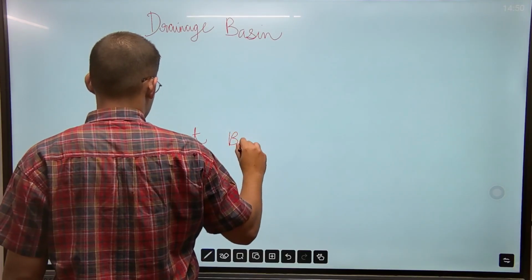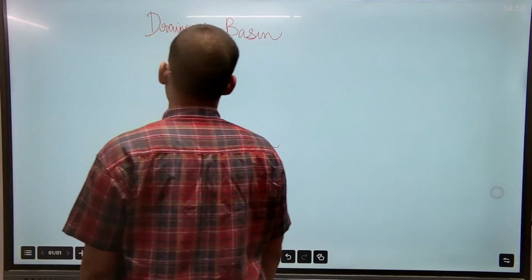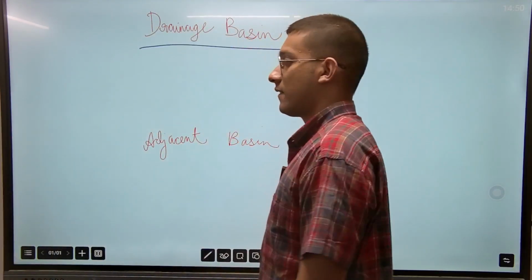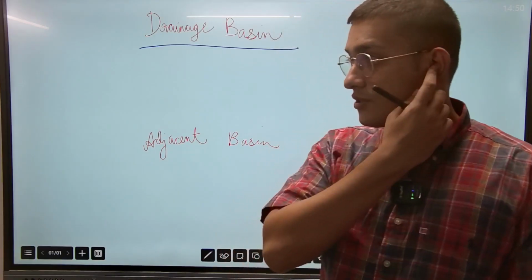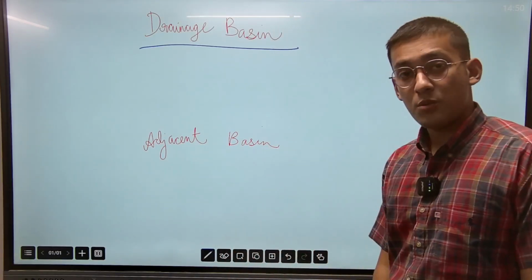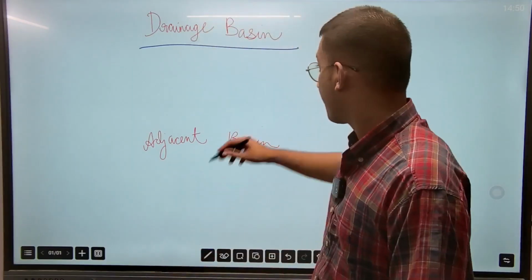Adjacent basin. So what is a drainage basin? A drainage basin includes the whole pathway of the flow of the river and also its tributaries.